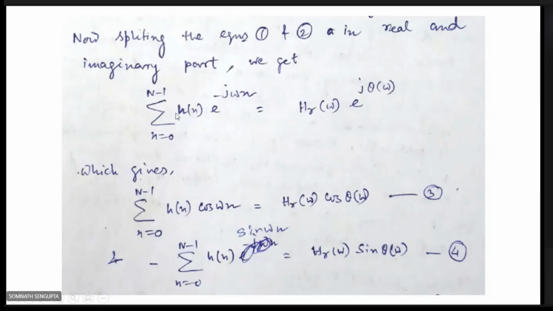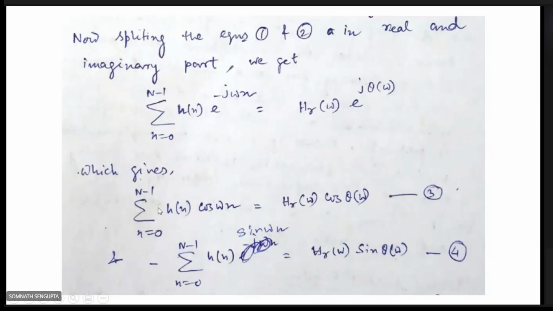Okay, so we consider the cos parts, that is the real parts, and the sine parts. So h[n] e to the power minus j omega n is cos omega n minus j sin omega n. Similarly here, cos theta(omega) minus j sin theta(omega), for the left hand part and right hand part.